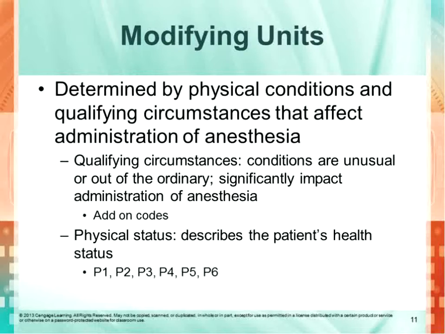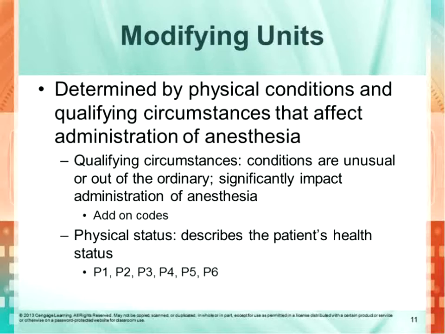If you look at table 4.1 on page 94, it gives you some examples of qualifying circumstances. For example, 99100 is anesthesia for a patient of extreme age, less than 1 year old and greater than 70 years old. And they assign a unit of 1 to that code. The other thing you need to know about these codes, these are add-on codes in table 4.1.